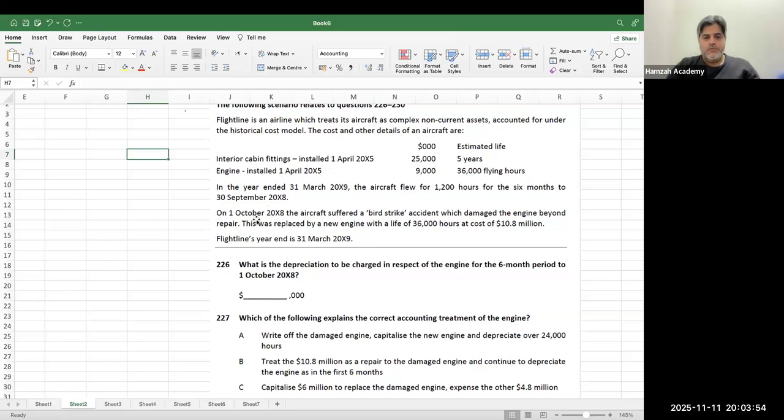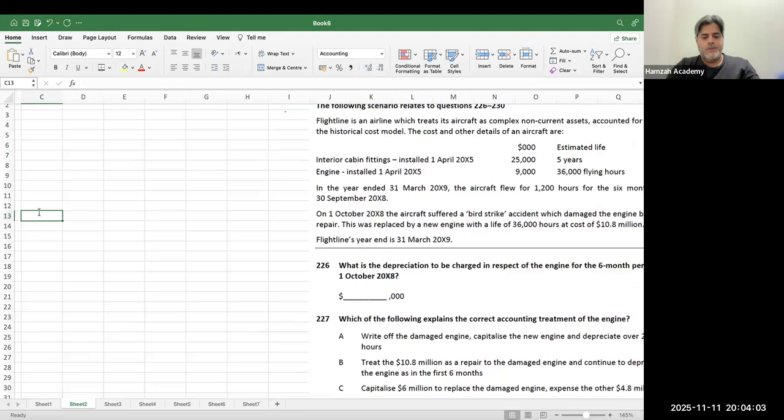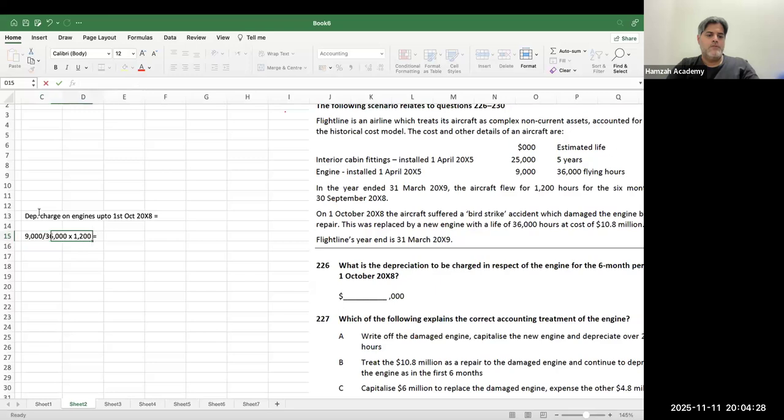This is on 1st October. We had the bird strike accident. So the engine flew for 1,200 hours, right? Total is 36,000 hours. So the depreciation charge on engines up to 1st October 20x8 is 9,000 by 36,000 into 1,200.